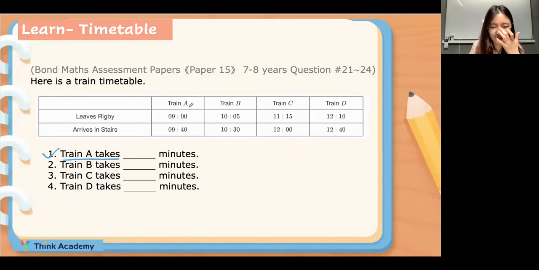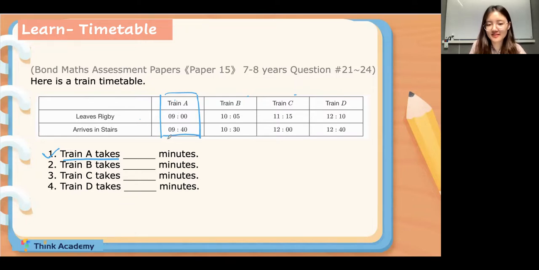Okay, let's see. In this timetable, we can see 3 rows and 1, 2, 3, 4, 5 columns, right? And if we want to think about the information of train A, then we need to see this column. And it leaves this place at 9 o'clock and it arrives at another place at 9:40.